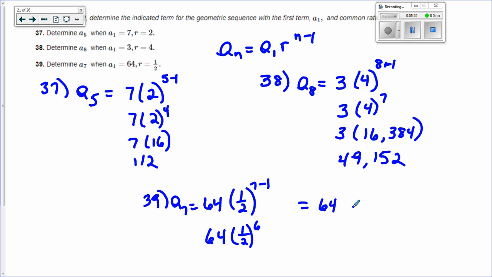So I got 64 times, this came out to be 1/64, which equals 1. Okay, I changed this to 1/2 to the 6th and to a fraction. But if you just left that as a decimal and multiplied by 64, you'd still get the same answer. It comes out to be 1. And that makes sense because you're dividing. It should be getting smaller.